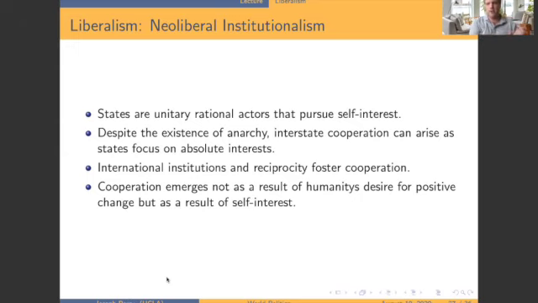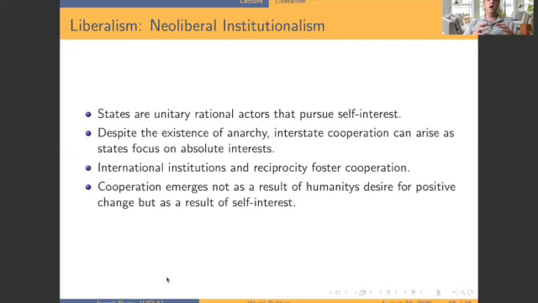States are rational actors and they seek to maximize profit, but they are more concerned with absolute gains than relative gains. So absolute gains are a situation where, suppose I have $100 and you have $50. We both gain $10.